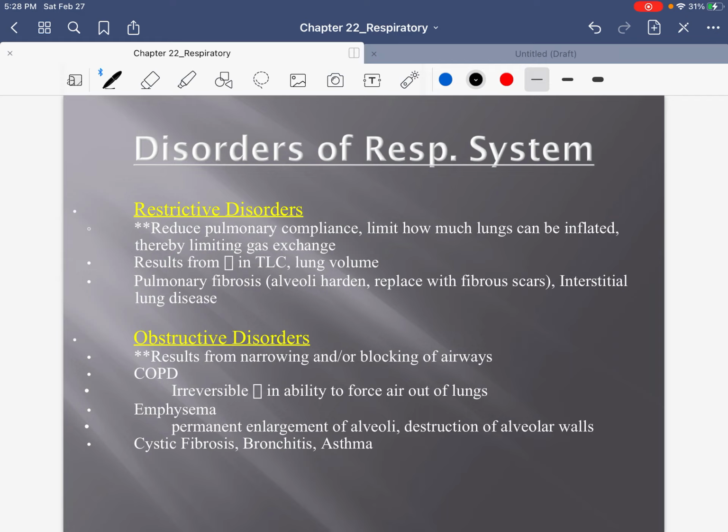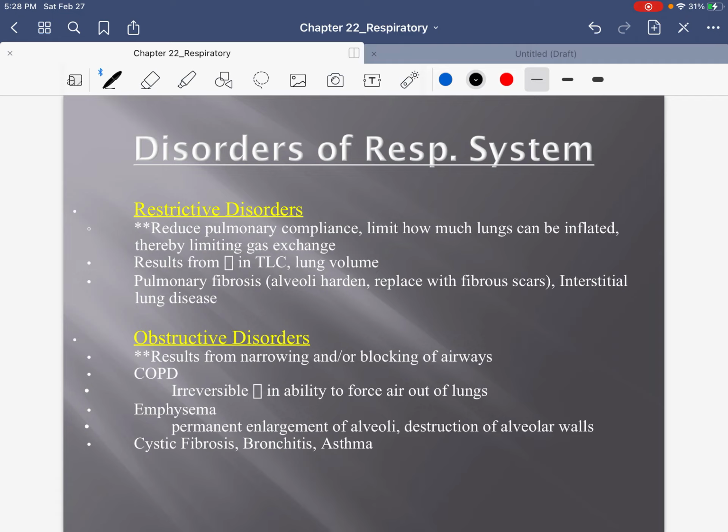When I poll the EMTs, they tell me if they had to pick one thing that they get called for the most, it's respiratory distress. Really, really common, whether it's actually a specific respiratory problem or it's something else that's problematic, but it's just showing respiratory symptoms as the body's trying to handle it.